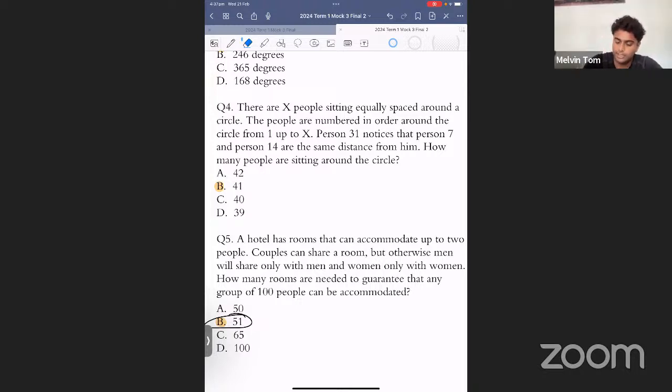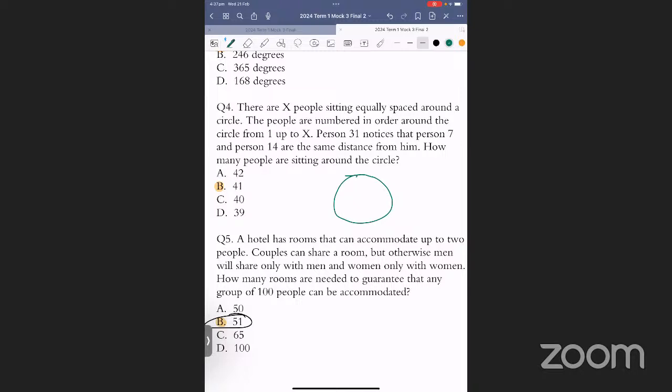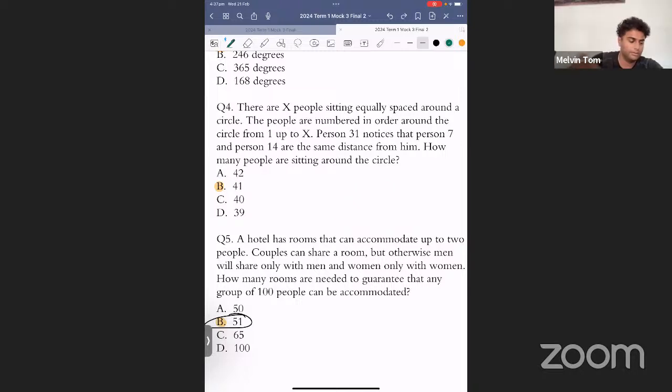Okay. So Jal, here we have a circle. Let me draw a better circle. All right. Here we have a circle, Jal. And then the question says that there's a person who's sitting at number 14 here, and there's a person who's sitting at number 7 here.